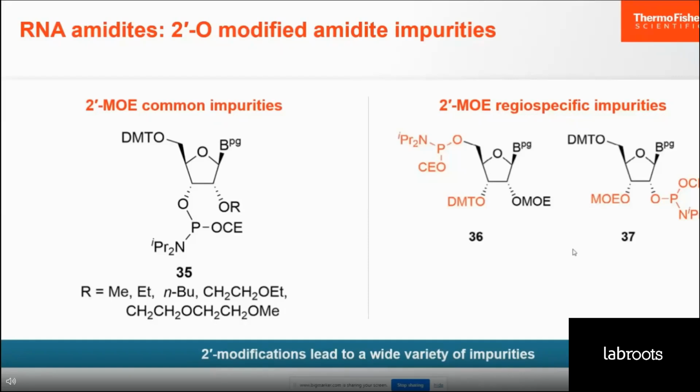Additionally, a 2' modification now allows for additional regio-specific impurities to be possible. So in the case of impurity 36 listed here, the 3' 5' switch can occur similar to what we had seen in DNA, but now we have the possibility of a 2' 3' switch as well. Both of these regio-specific impurities would be considered critical, as their incorporation into the oligo would most likely not be purged in the downstream processing.